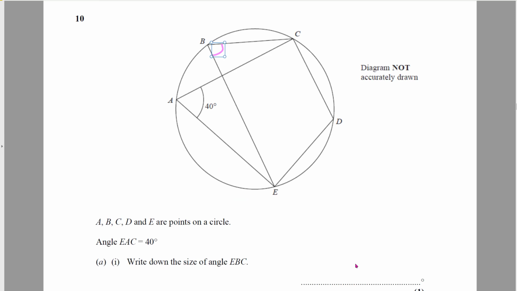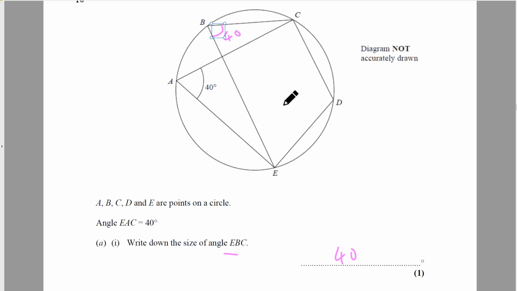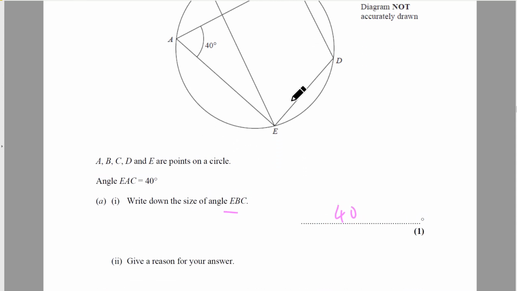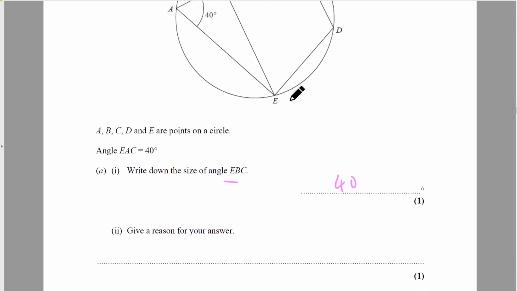Okay, write down the size of the angle EBC here. So I highlighted that. That's going to be 40. Give a reason for your answer. What was the angle in the same segment?